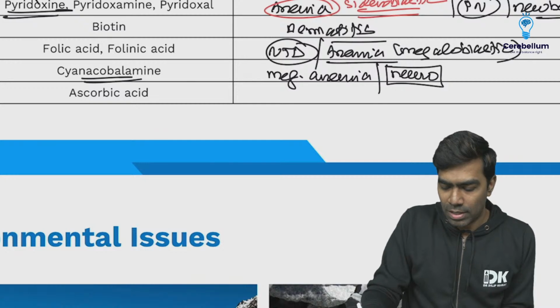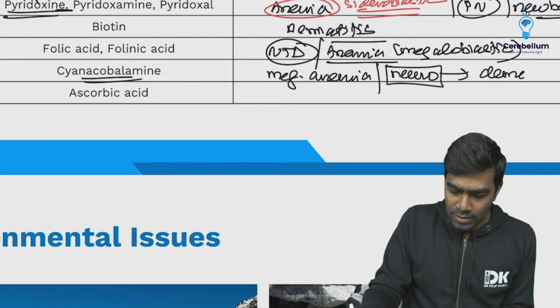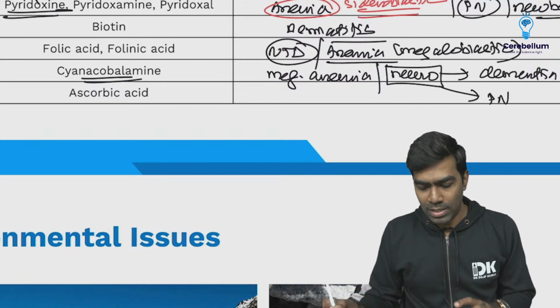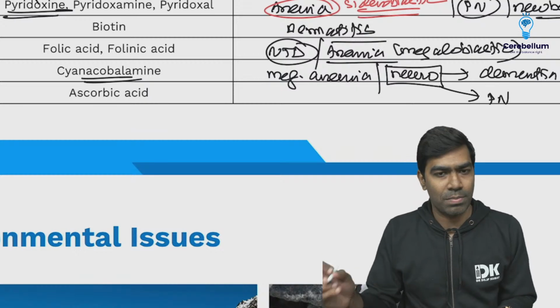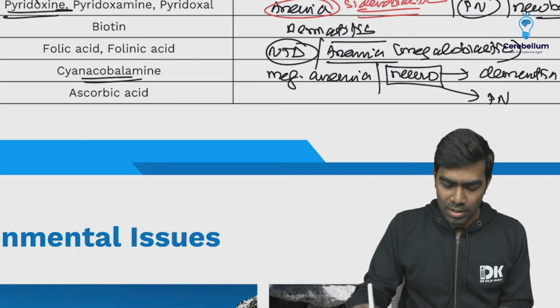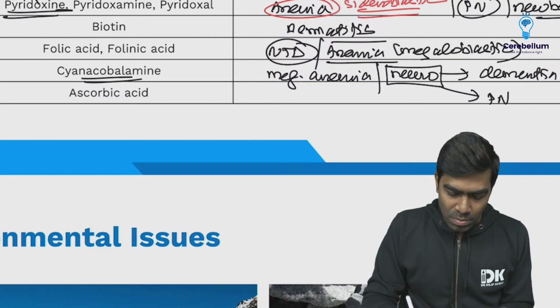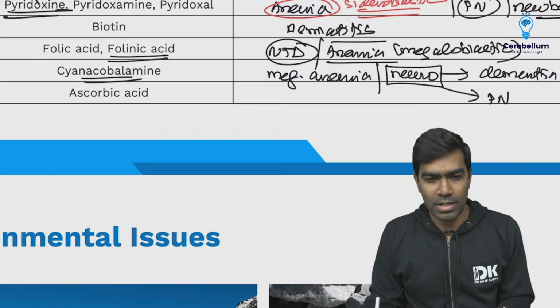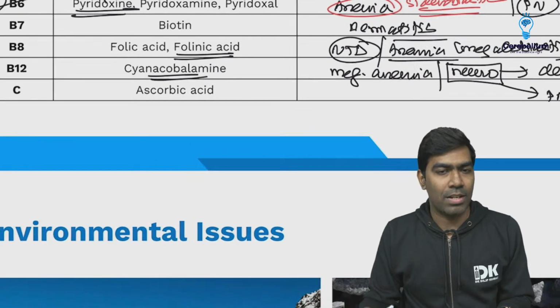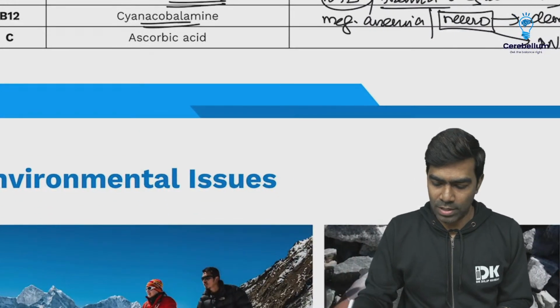It can produce dementia and peripheral neuropathy also. Remember, neurological complications will not be seen with folic acid deficiency, only with B12 deficiency.